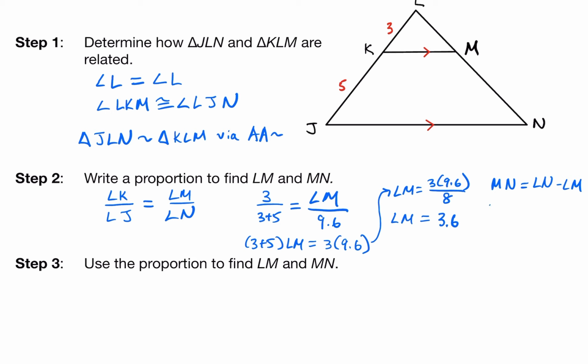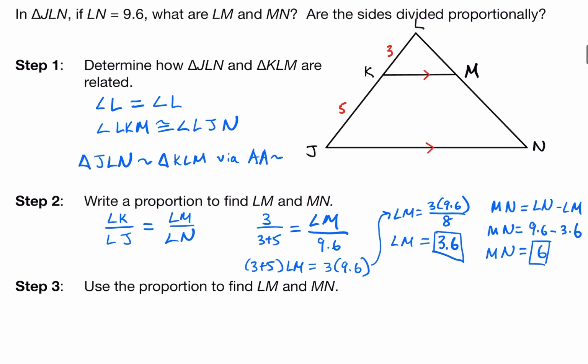MN is equal to LN, which is 9.6, that's given to us in the problem, minus LM, which is 3.6. We just calculated that. So that means MN is equal to 6. MN is equal to 6, and LM is equal to 3.6. So we've essentially answered the first two questions, LM and MN.